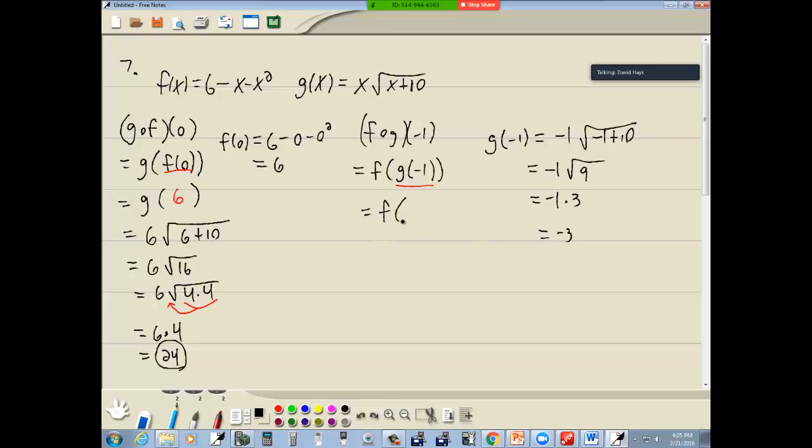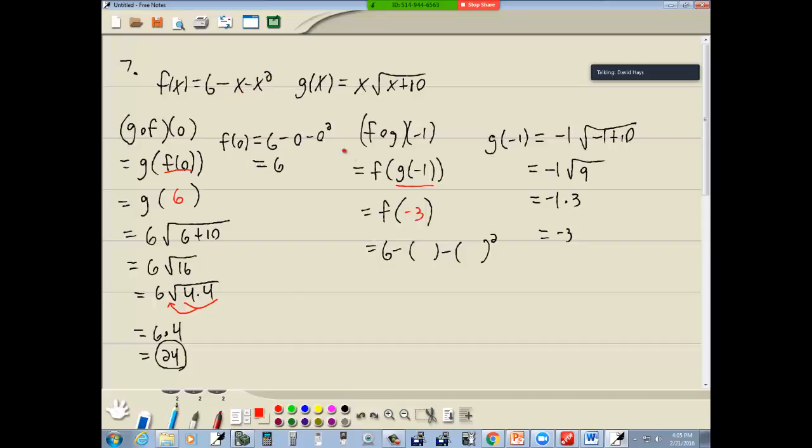So then we come back over here, and we're going to replace the g of -1 with -3. And now we're finding f of -3. So I'm going to go to my f of x, and everywhere I have an x, I'll put in -3. Now I'll go ahead and put parentheses here since there's negatives involved. Everything else remains exactly the same. 6 minus, the minus here, the second power.